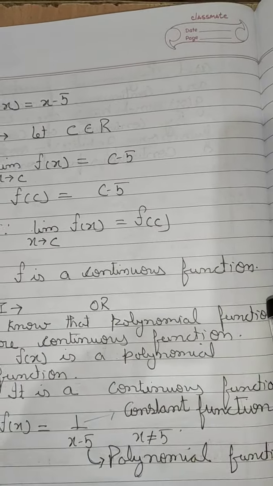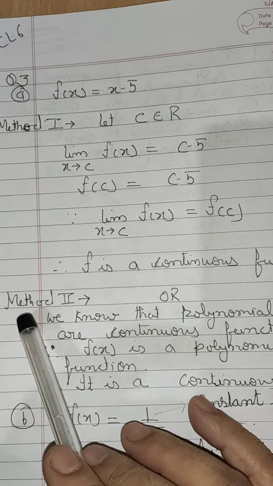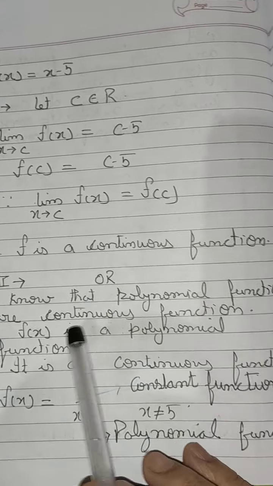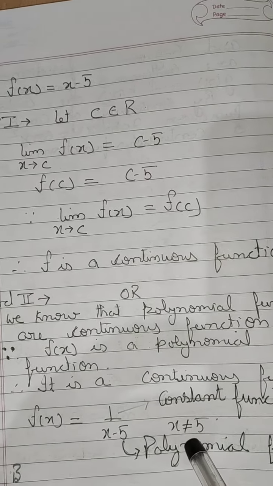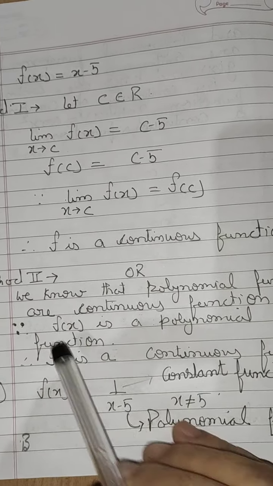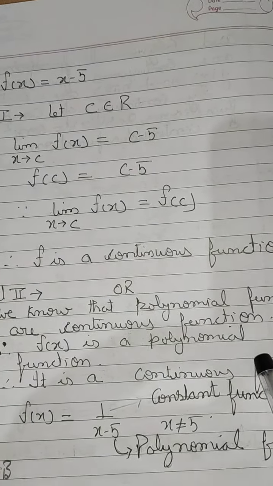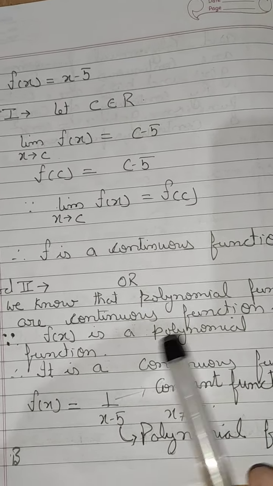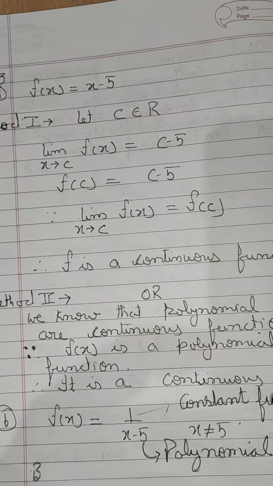Therefore f is a continuous function. We can also do it theoretically. Method two: we know that polynomial functions are continuous functions, as I explained in the theorems just now. Since f(x) is a polynomial function, it is continuous. You can do it by either way.